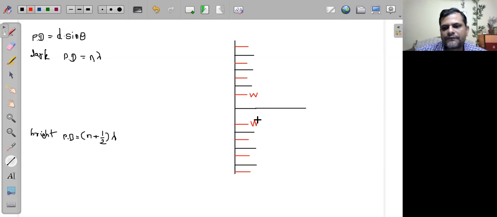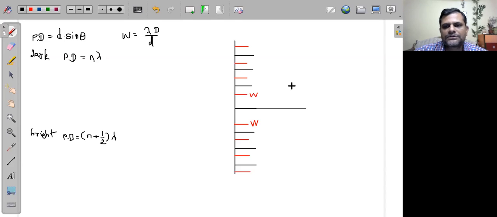And this W is given by the formula W equals lambda into capital D upon small d, where small d stands for the slit width in this case. There is only a single slit here, so the width of that single slit is what we denote by small d.